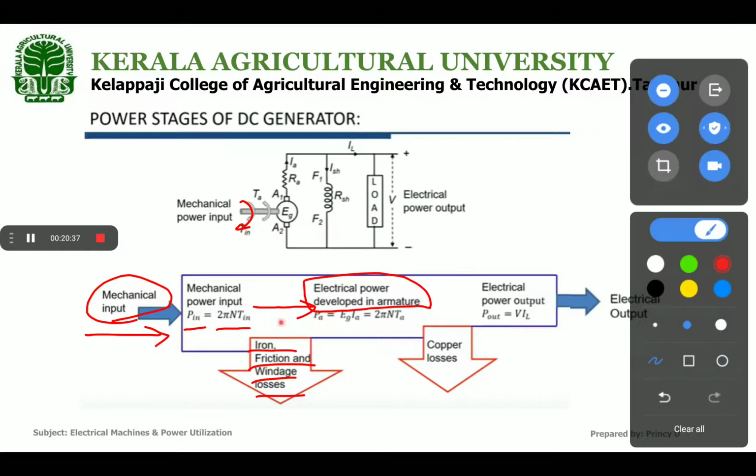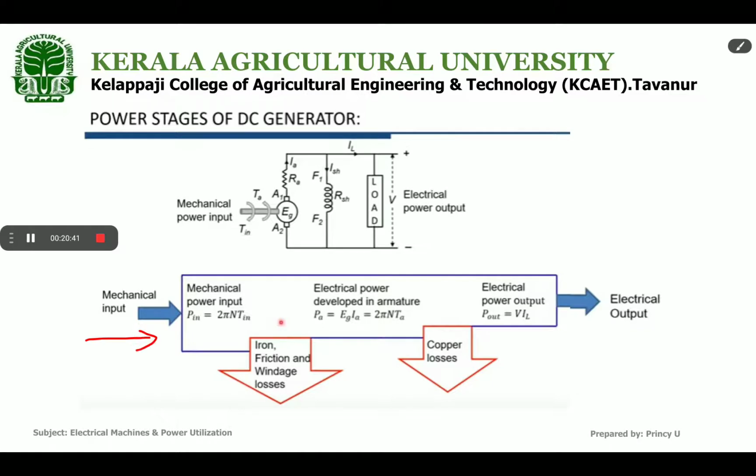When mechanical input power is given, it is converted into electrical power, and at that time some of the power is wasted as losses, that is iron, friction and windage losses.